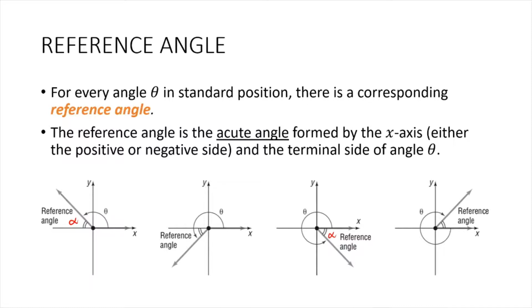But nonetheless, the basis for measuring reference angles is the same. In this case, we have the angle formed by the terminal side and whichever side of the x-axis will form an acute angle with the terminal side, in this case, the positive x-axis. Therefore, this is our reference angle. Again, let's call it angle alpha.